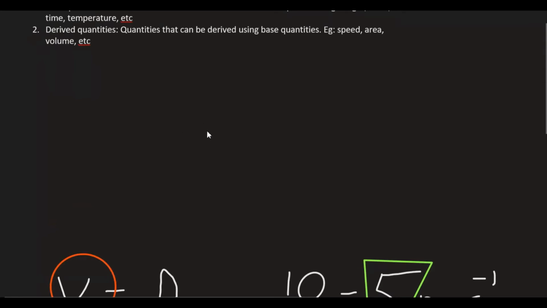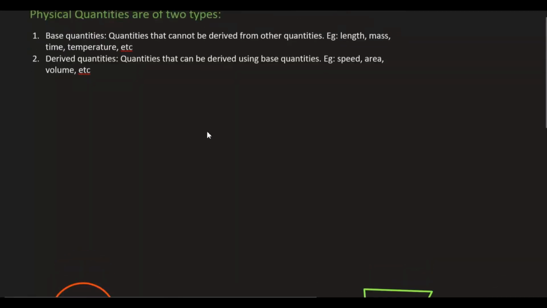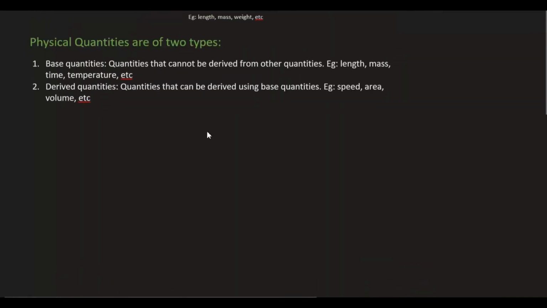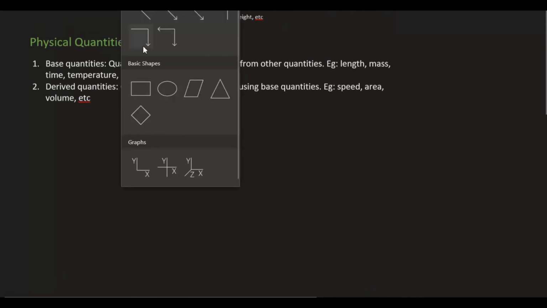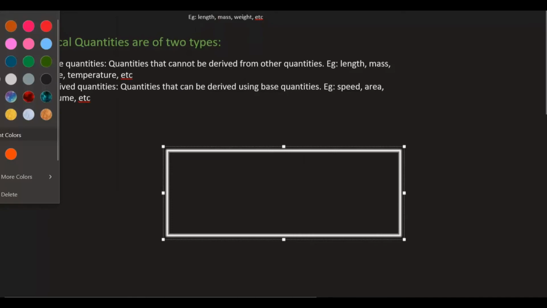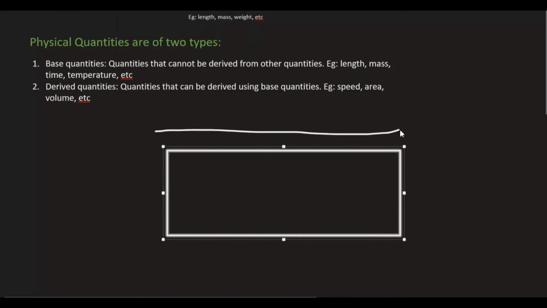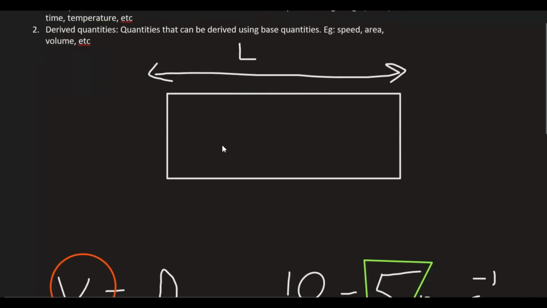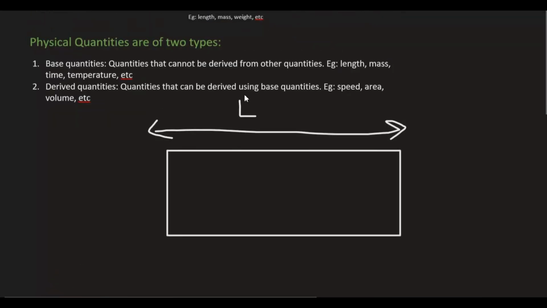So when you are finding the length of something, suppose you are finding the length of this rectangle. So you just measure it, right? You cannot find the length through some calculation. So this length is a base quantity.